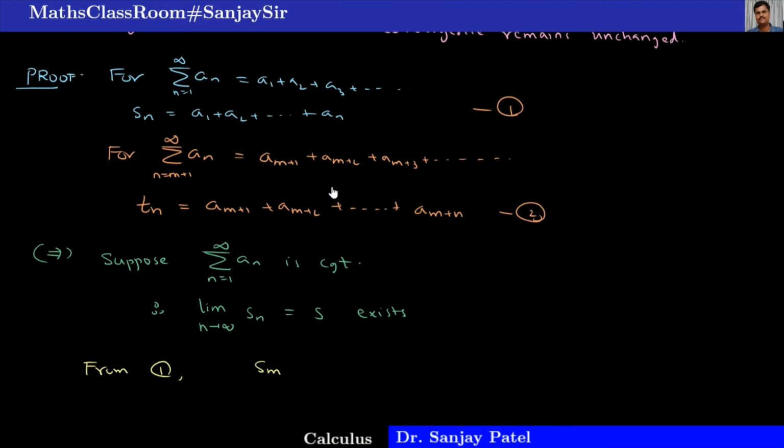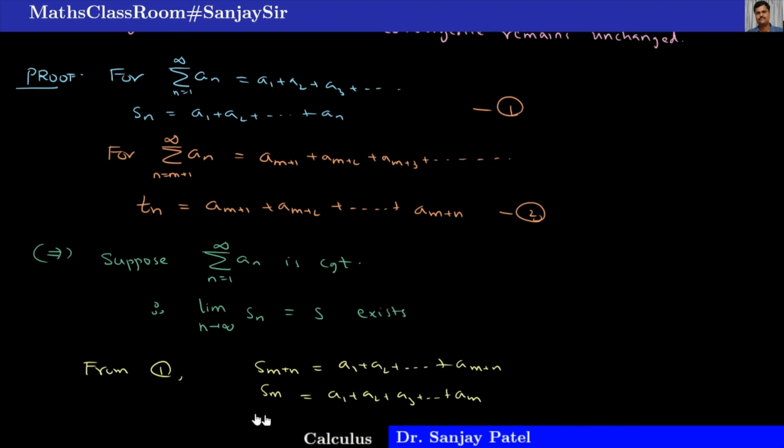And Sm plus n is a1 plus a2 plus a3 up to am plus n, and Sm is a1 plus a2 plus a3 up to am.